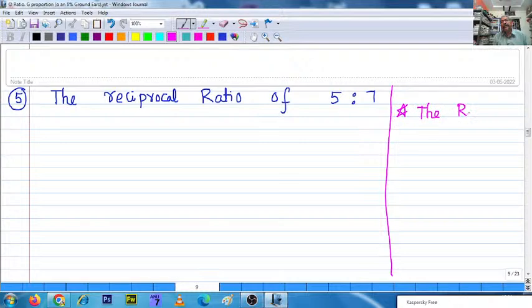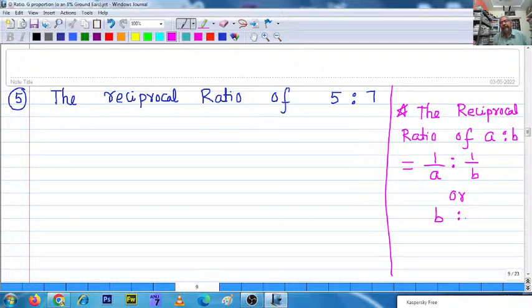The reciprocal ratio of A:B, as already discussed in detail, is 1 upon A is to 1 upon B, or we can write simply B is to A. How shall we get B is to A also? Let me explain, don't worry.